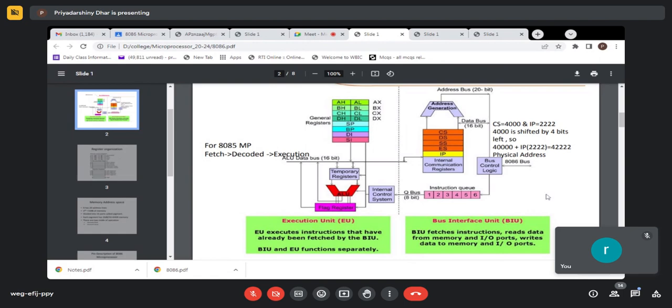So our memory device is connected here and our input output device is connected here. The execution unit is not connected to the memory device and input output device, but the bus interface unit and execution unit are internally connected. Clear?